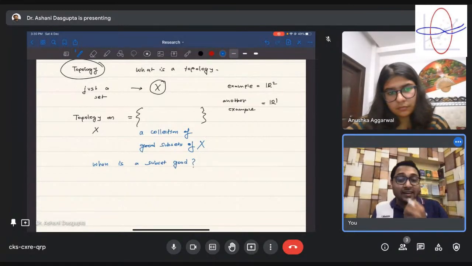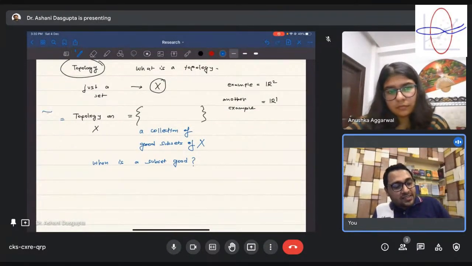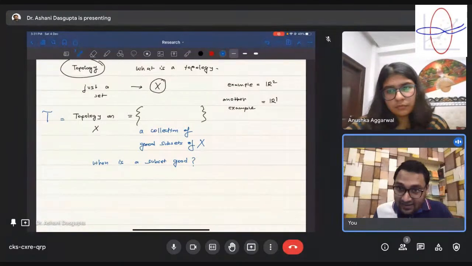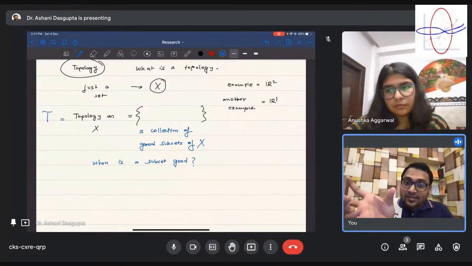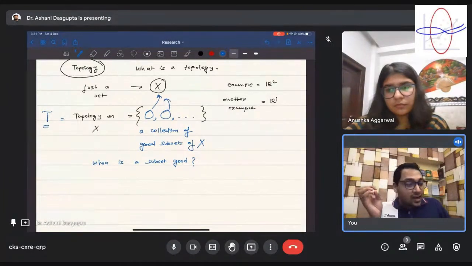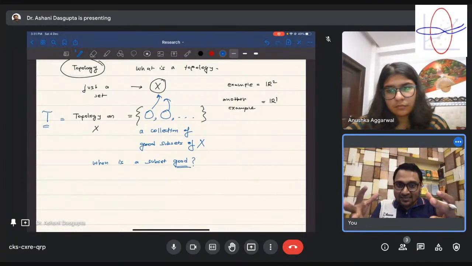Well, there is no one answer. It's just that we want certain properties from this collection of subsets. If those properties are satisfied, then the members of T, which are nothing but subsets of X, are good subsets. Why are they good? By virtue of being inside T.